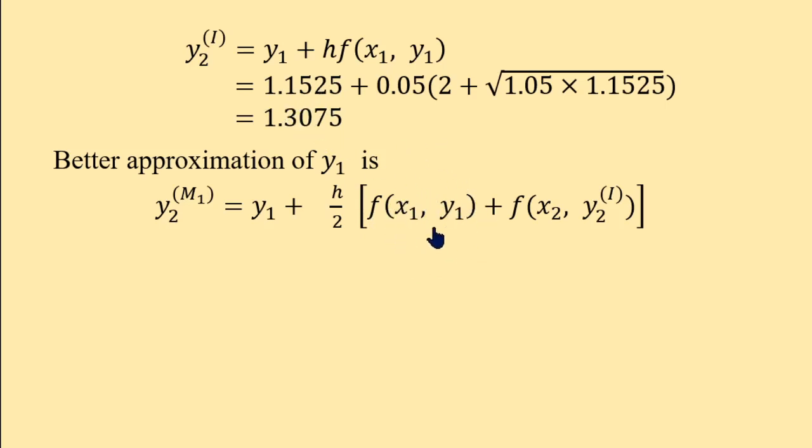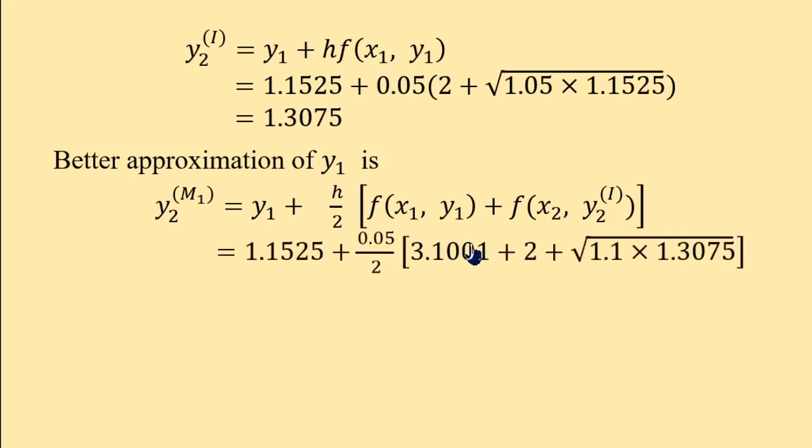Calculate this separately and substitute here, that is 3.1001, plus f of x2 y2 initial, that is 2 plus square root of x2, 1.1, into y2 initial, that is 1.3075, and close the bracket. y1 is 1.1525. When you substitute this in the calculator, you will get y2 modified 1 is 1.31.